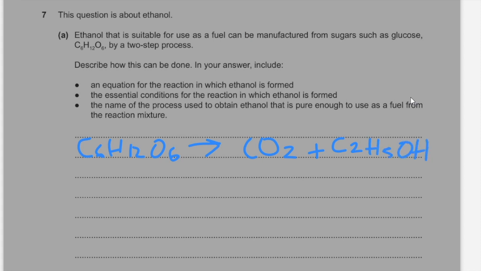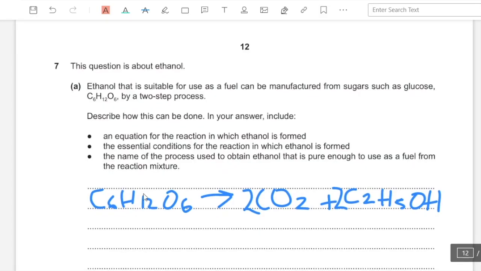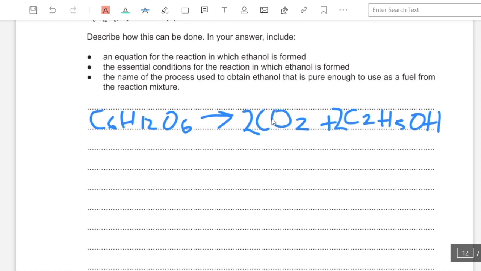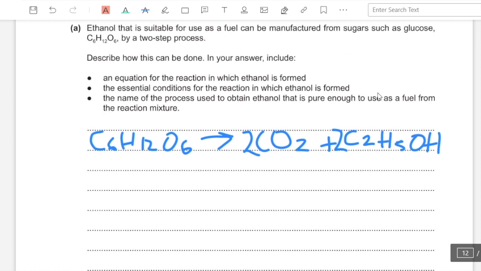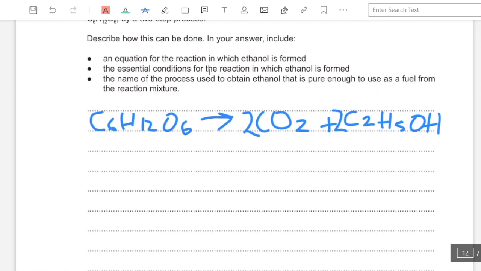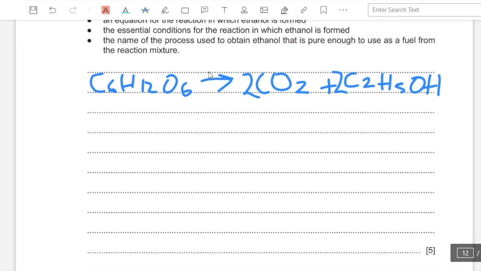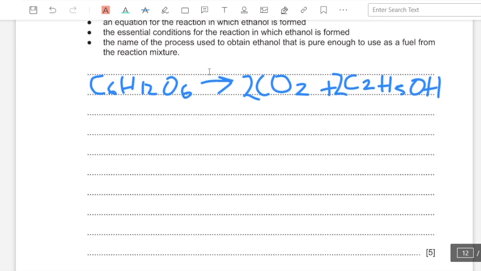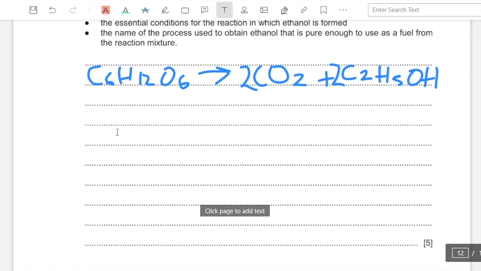And we need to balance this equation with a 2 on both of the products. So glucose ferments and forms carbon dioxide along with ethanol. The second one is essential conditions for the reaction in which ethanol is formed. Since this is an anaerobic reaction, it requires absence of oxygen. So that is one of the requirements.